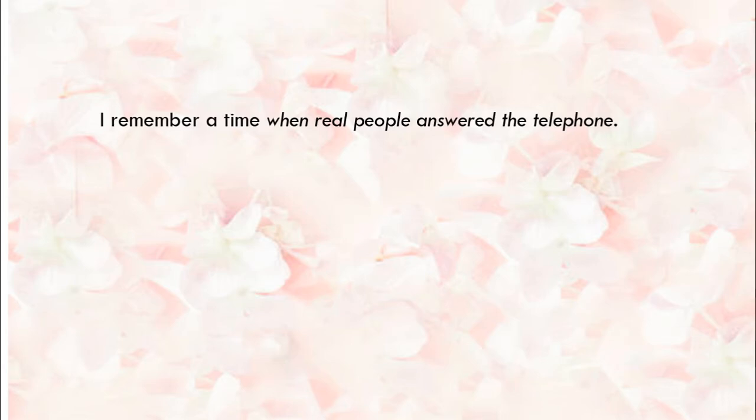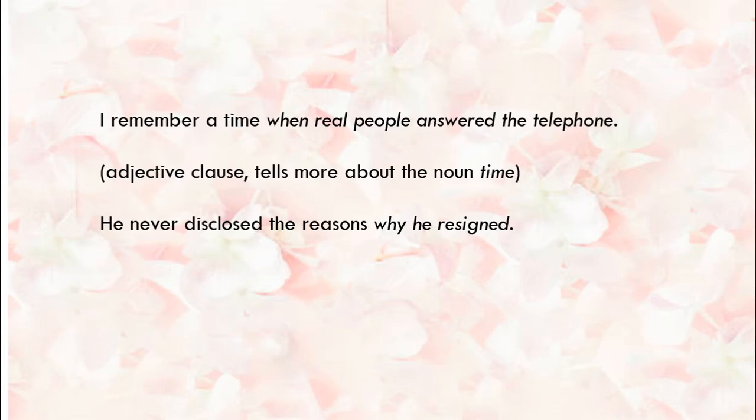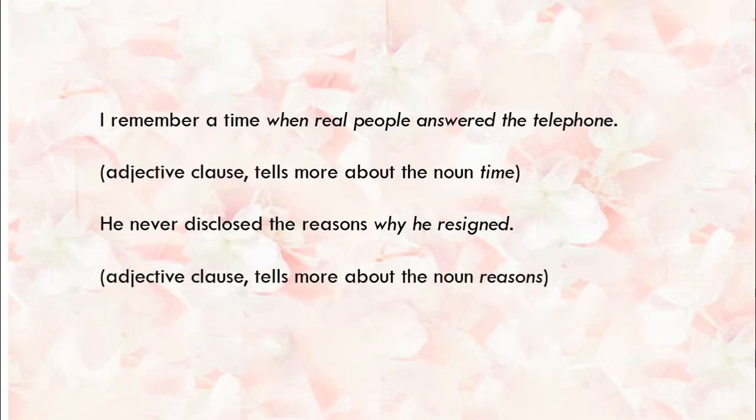So "when real people answered the telephone" is an adjective clause that tells more about the noun time. He never disclosed the reason why he resigned. This is also another adjective clause and tells more about the noun reason.